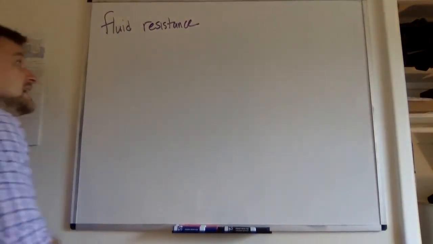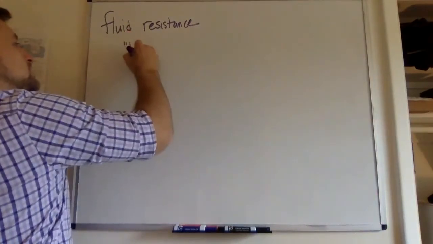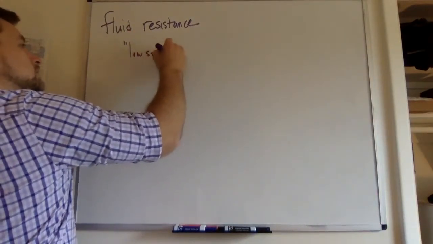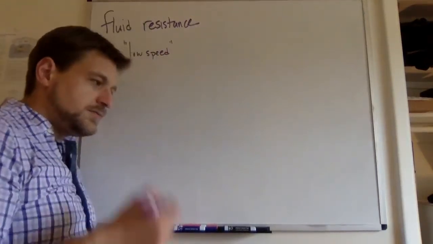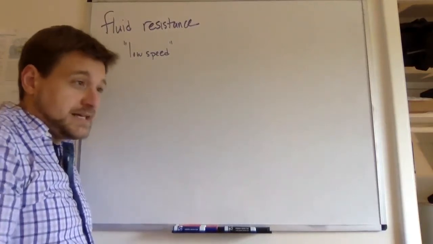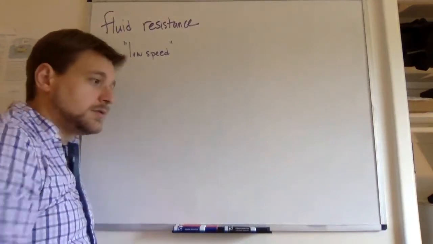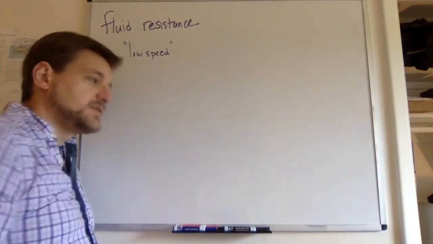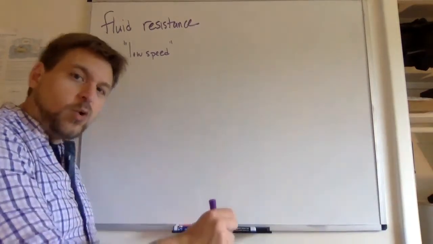There are 2 kinds of fluid resistance. There's what we call a low speed kind, small objects in pretty dense, comparatively, media. Think about a dust particle floating in the air, or a small bead falling through oil, right?